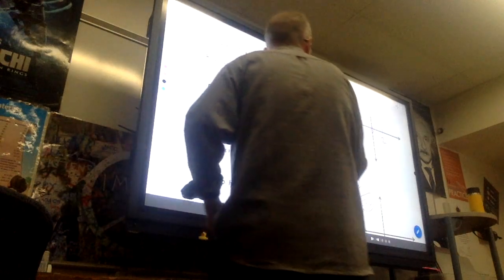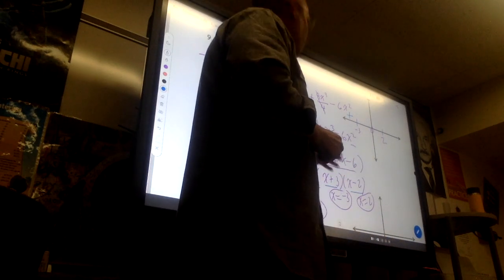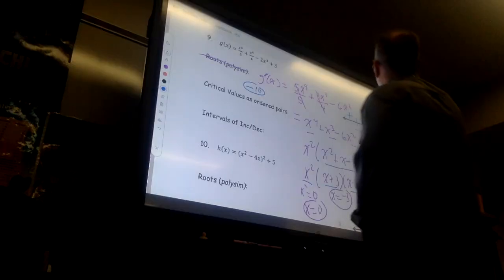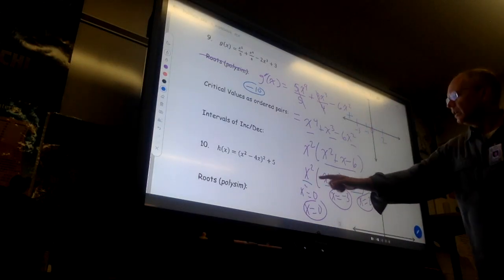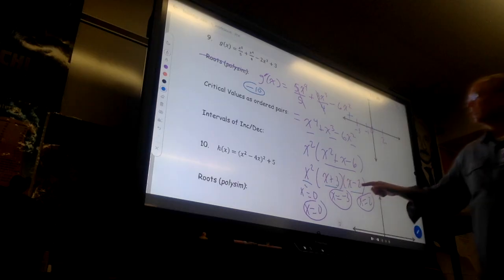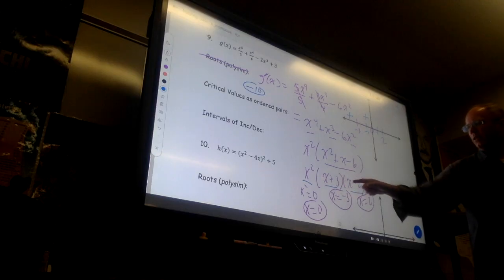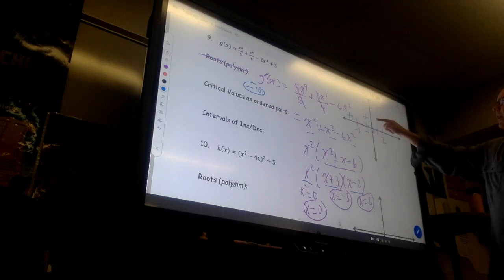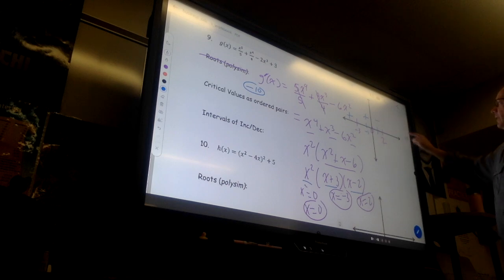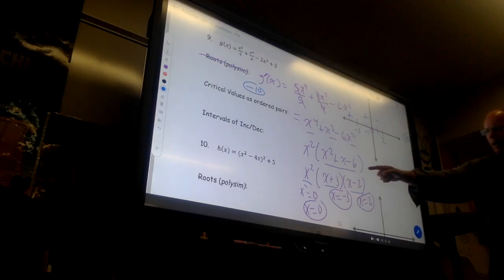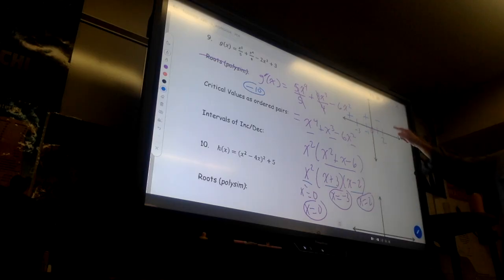Because if I plug negative 10 in here, here, and here, positive, negative, negative, positive times negative is positive. If I pick, say, negative 1 and plug it in, that's going to be positive, negative, negative. So a positive times negative is negative. If I picked 1 and plugged it in, positive, positive, negative. So this is negative here. And then if I picked a value like 10 and plugged it in, positive, positive, positive, so it's positive there.